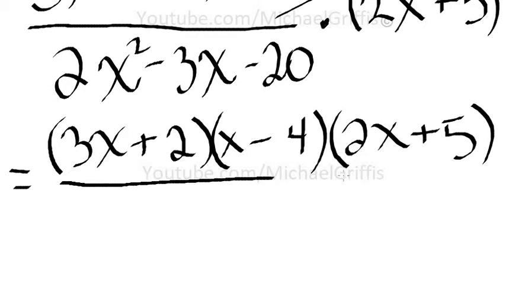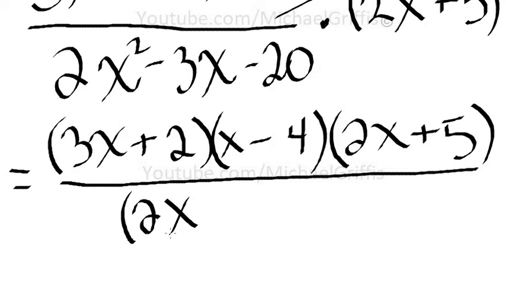Now let's factor the denominator. We know we'll have to start with a 2x. Two numbers multiplied together give us 20. Could be 4 and 5. If I put a 4 here, 2x times 4 is 8x. 8x and the 5.